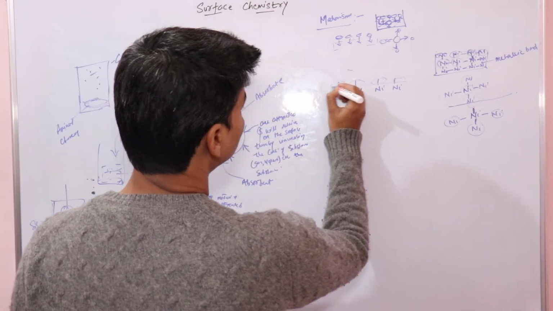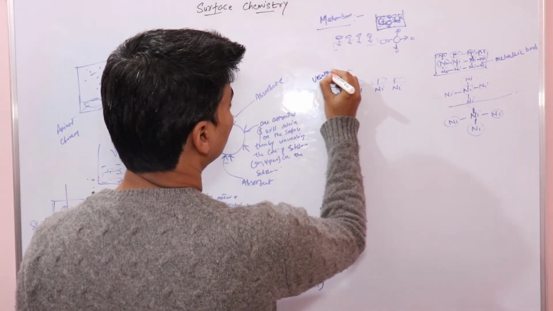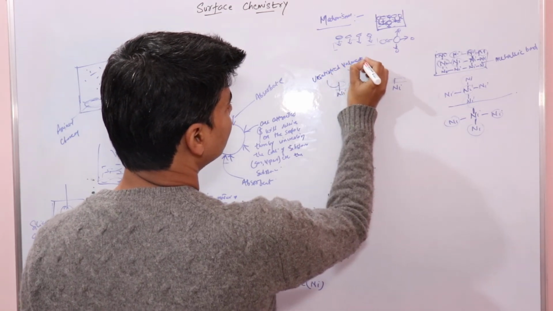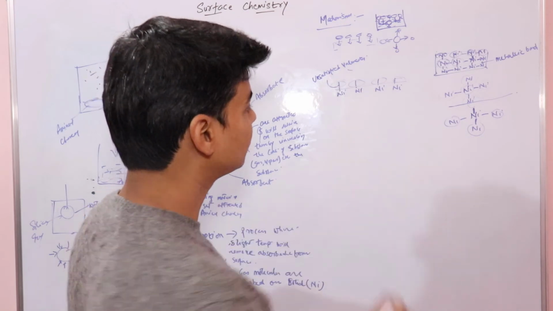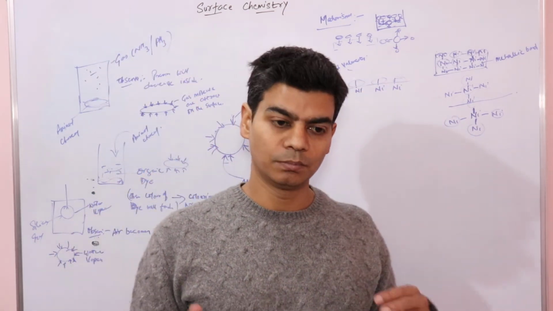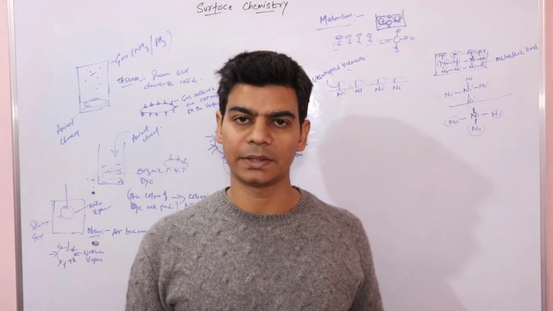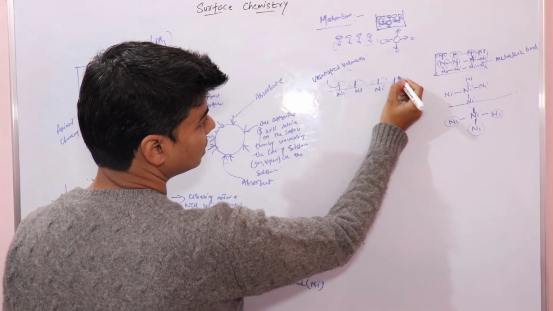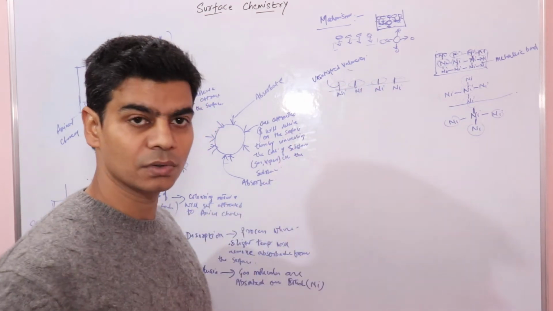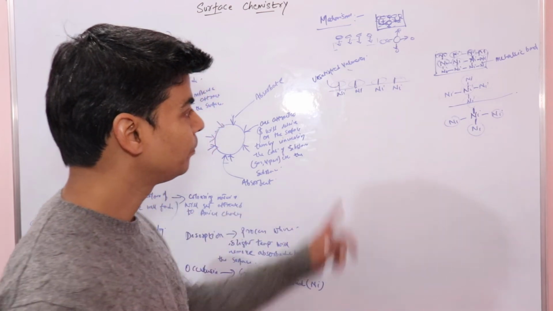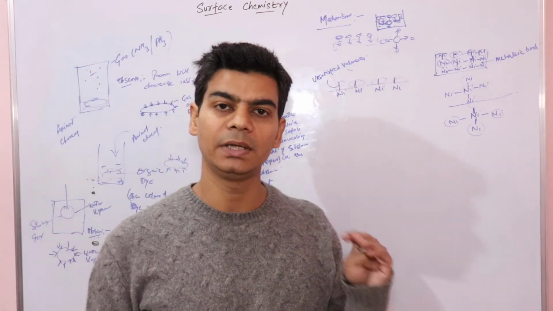We call them unsatisfied valencies, right? And due to the presence of these unsatisfied valencies at the surface, these metals, mostly transition metals, are reactive. Since we have these unsatisfied valencies at the surface of any solid, the surface of the solid is very reactive.